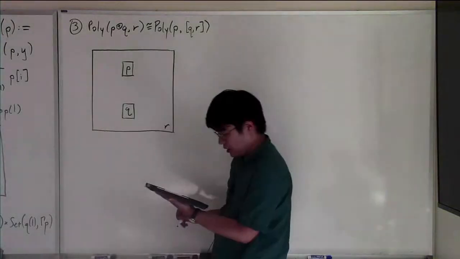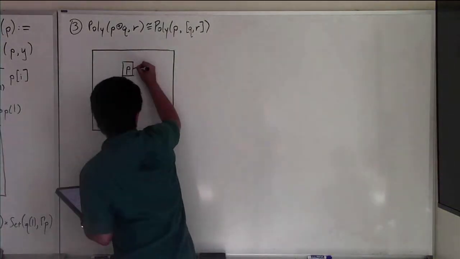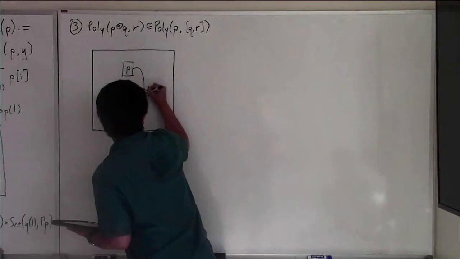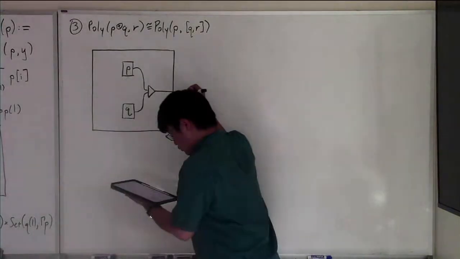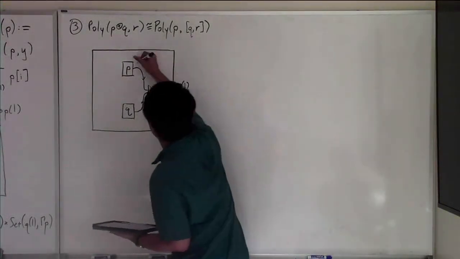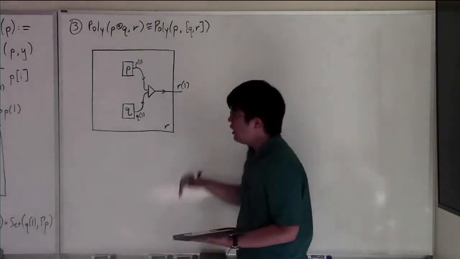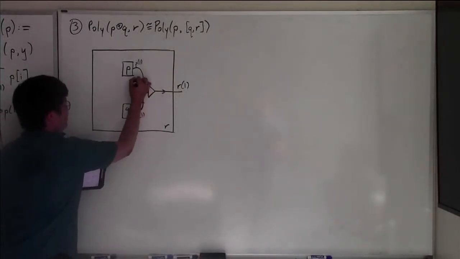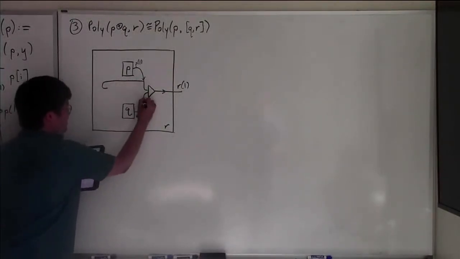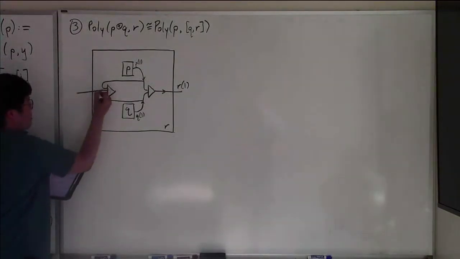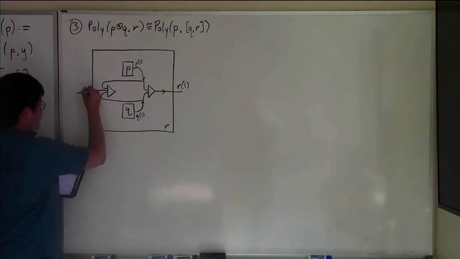P and Q are sending an output as a pair out this way to R of 1. So this is something from P of 1, something from Q of 1. But they are also reminding us back over here of what these outputs are, which is going to affect, this pair together is going to affect what we update, this update function here.